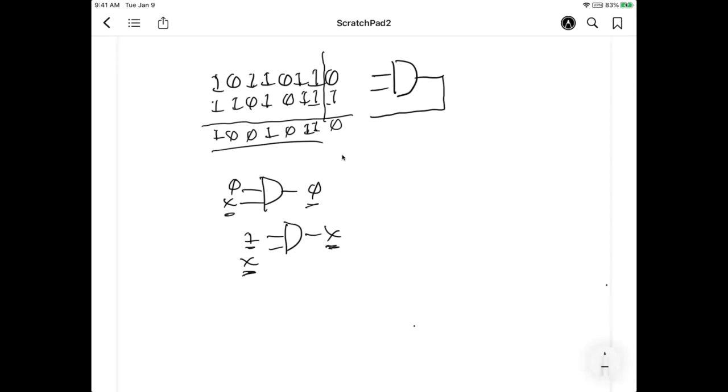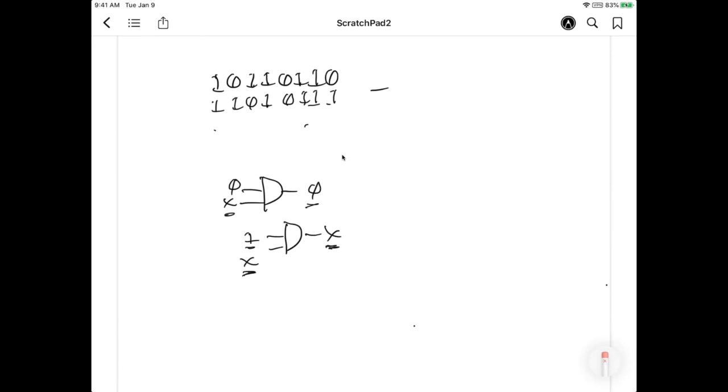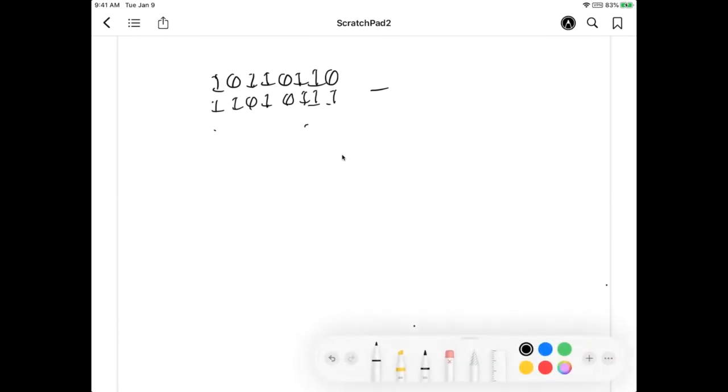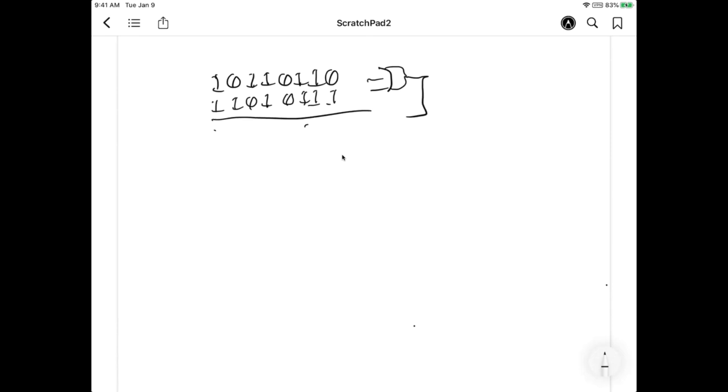Now an OR. If we want to do an OR of these two numbers, let's get rid of this and take a look at what ORing is going to look like. OR is a slightly different gate. You should have seen this before in some of your courses somewhere. So let's do the OR gate. The OR gate basically looks like this, and it's a little more curved like that. The way the OR gate works is this.